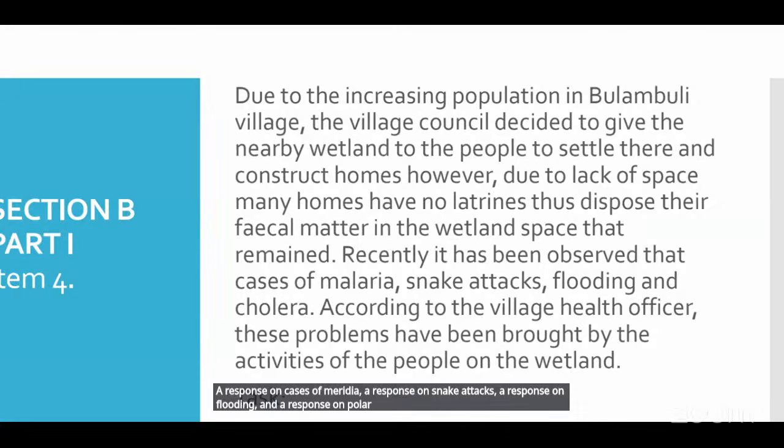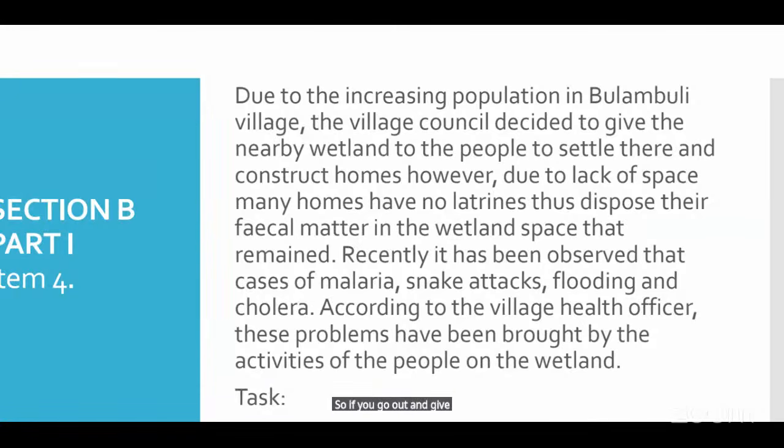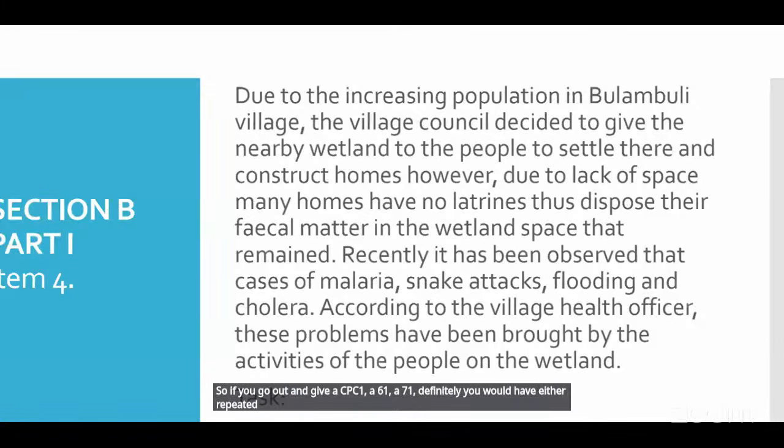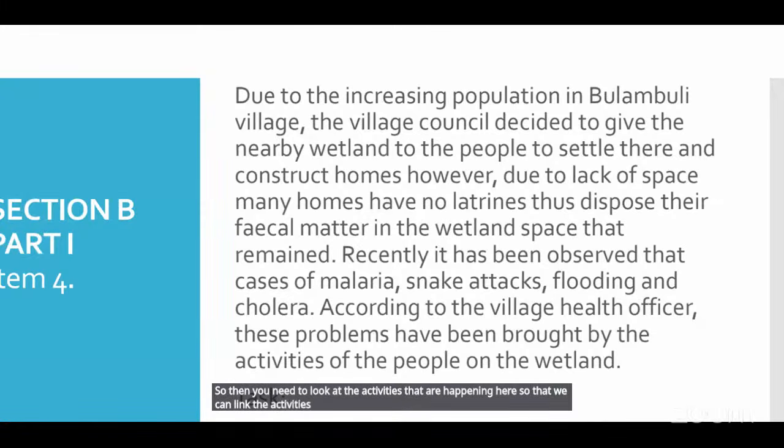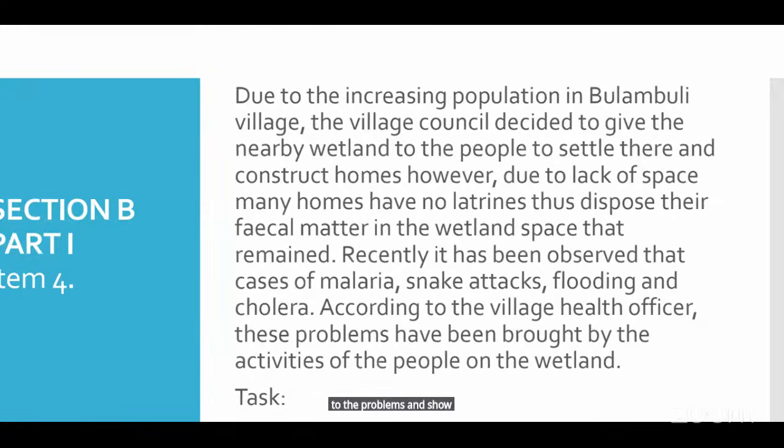If you go out and give a 5, a 6, a 7, definitely you would have either repeated or you're giving something outside the scenario and it won't be scored. So then you need to look at the activities that are happening here so that we can link the activities to the problems and show how the activities brought the problem.